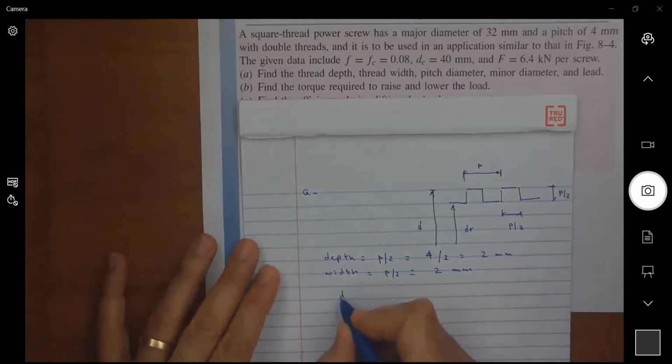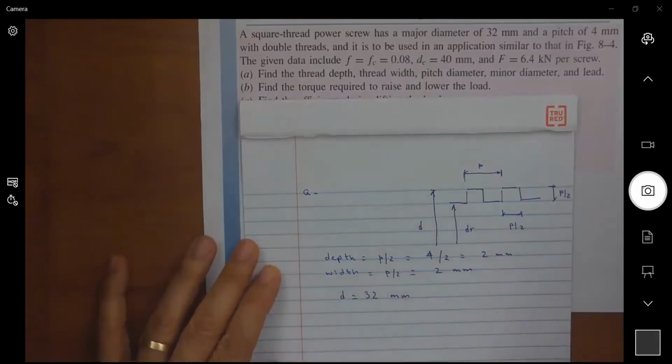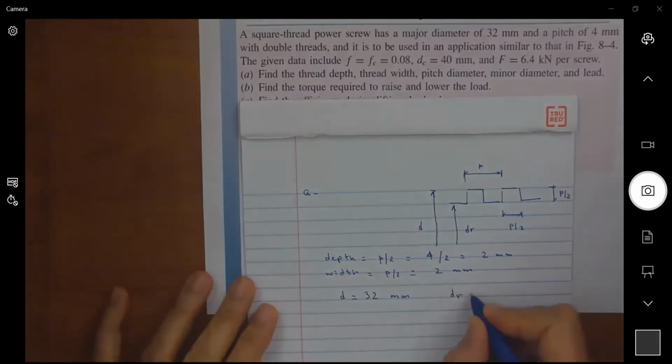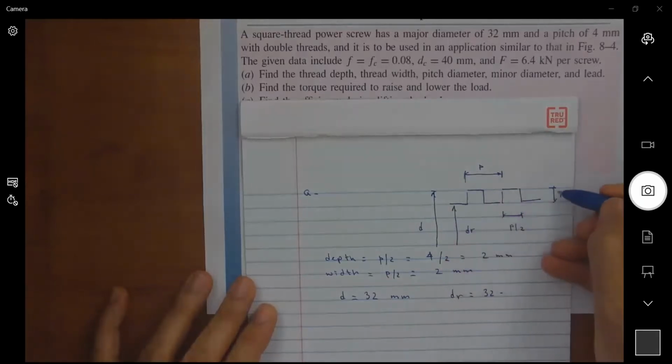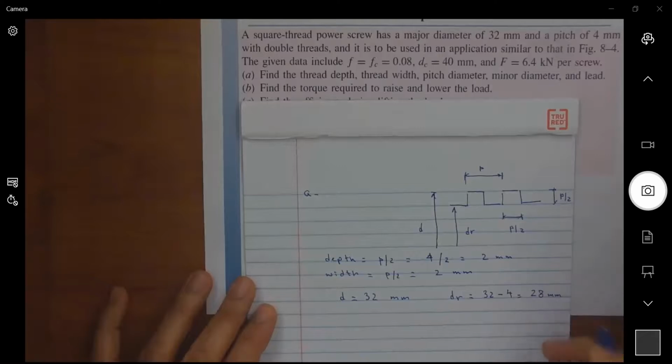The major diameter D is given as 32 millimeters. The minor diameter dr would be equal to 32 minus p over 2 on that end and p over 2 on the other end, so minus p, which is equal to 28 millimeter.